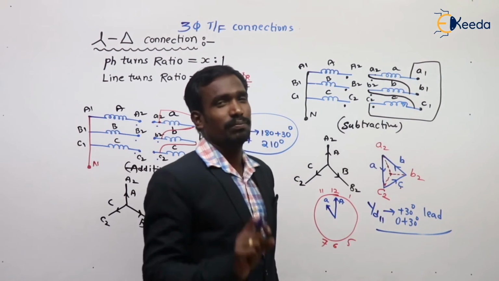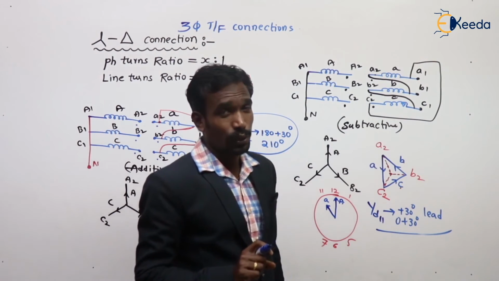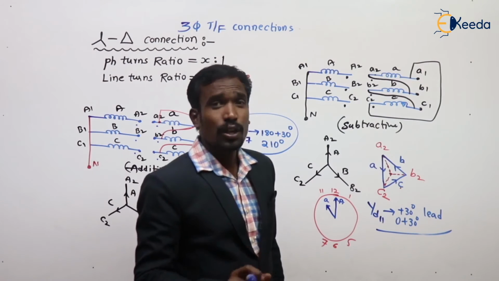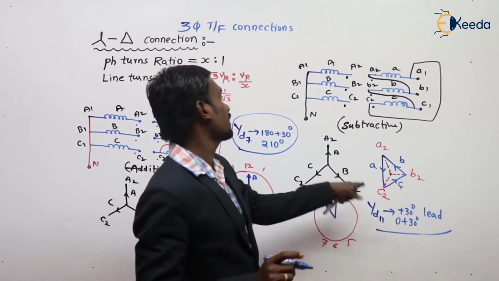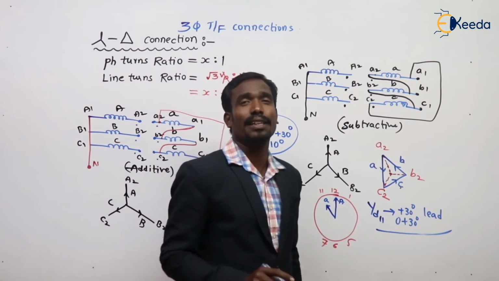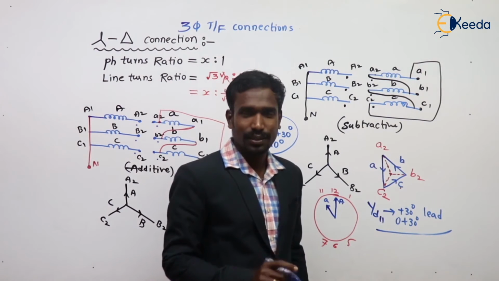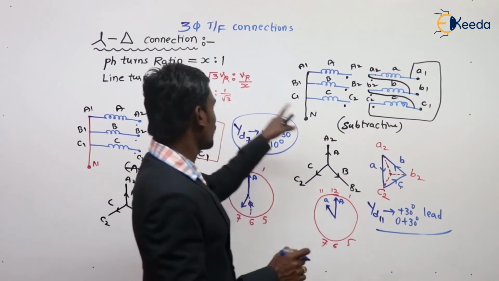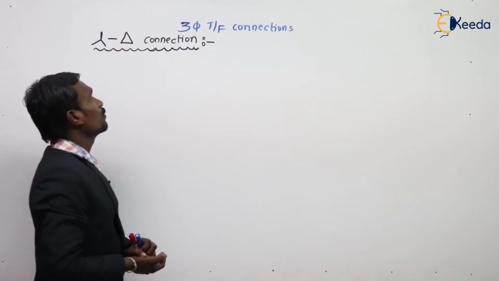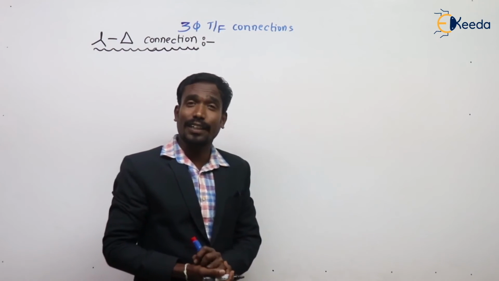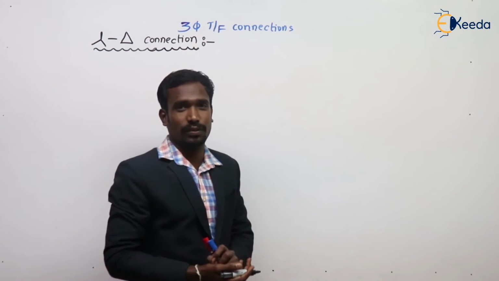You have to draw them. Are you okay? Understood? You have to draw 0 minus 30 degrees and 180 minus 30 degrees, how it was. Right, do it fast. So this is understood? We are going to discuss the star delta connection, the remaining two configurations.